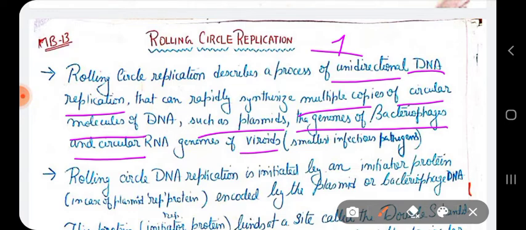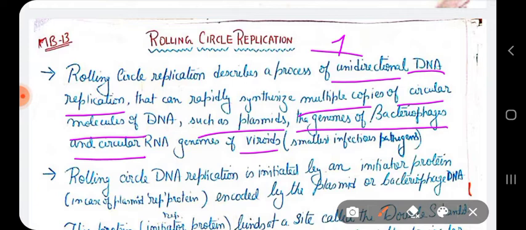The circular DNA molecules found in prokaryotes, like plasmids, are extrachromosomal double stranded circular DNA molecules which are capable of independent replication. That means they are found outside the genome, and they are small double stranded circular DNA molecules capable of independent replication.